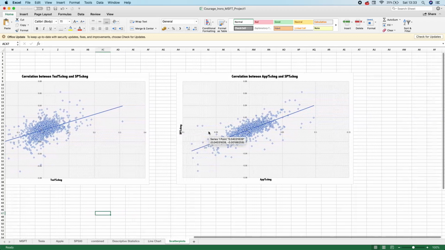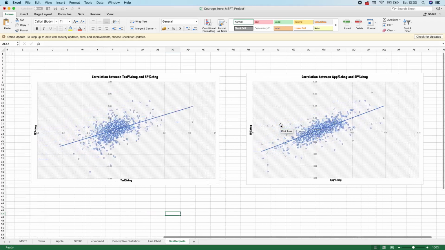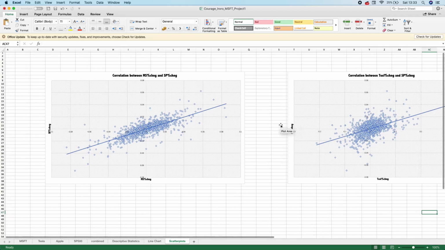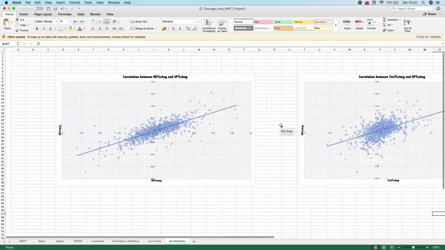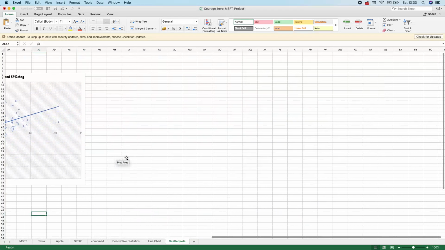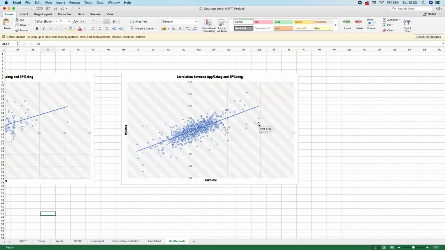And then we have Apple, and Apple also shows a good correlation, but I won't say as strong as Microsoft, though it looks pretty strong. I would say Microsoft seems stronger, even if there's a lot of presence of outliers here as well. Let's check the outliers from Apple. Apple pretty much has its own outliers as well.